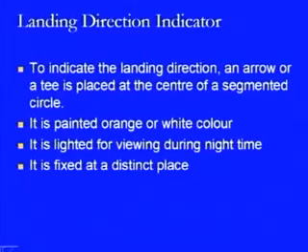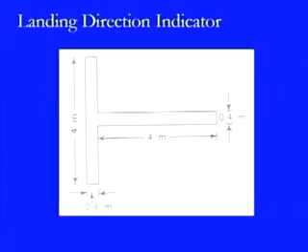They are fixed and they are at a distinct place. This is the T-shape landing direction indicator, which needs to be provided in some of the cases. In that case, there will be an encircling circle like this, and that circle will be cut off at uniform distances.